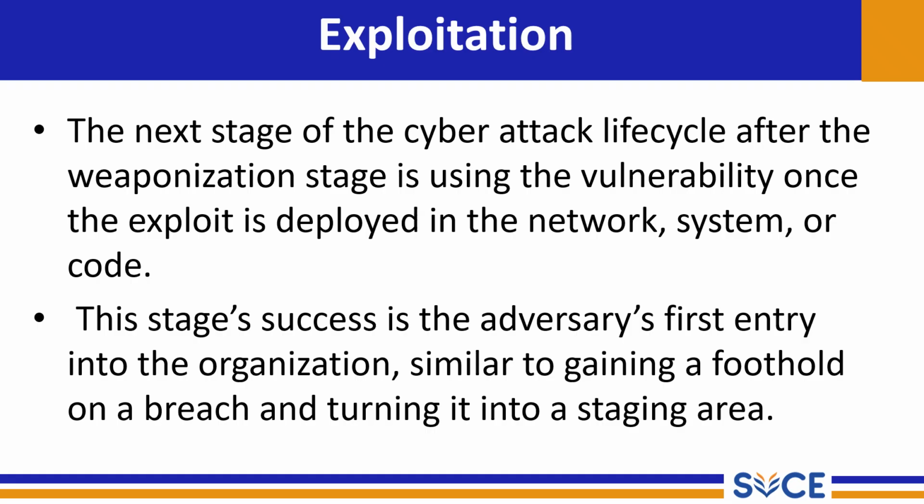This allows attackers to gain an initial entry point into the organization. Block known and unknown vulnerability exploits on the endpoint, which automatically delivers the new protection globally to thwart follow-up attacks. This stage is the success of the adversary's first entry into the organization, similar to gaining a foothold on a breach and turning it into a staging area.